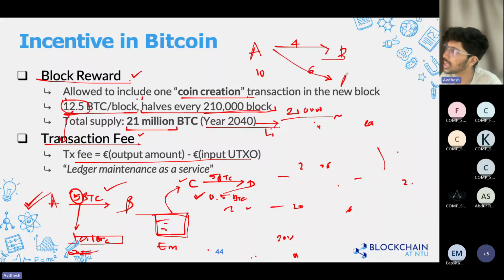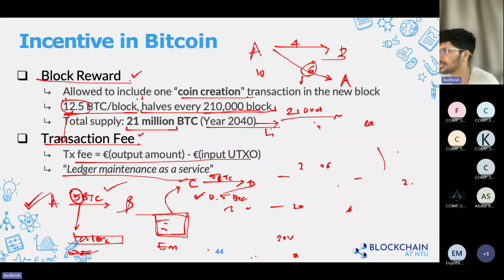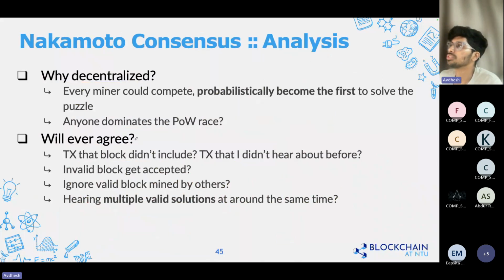Alice will get back the 6, but out of those 6, Alice will decide what amount of Bitcoin she wants to transfer to the miner, to Emmanuel. And this transaction fee is termed ledger maintenance as a service. Like you do maintenance of every database, same with the blockchain system in general.